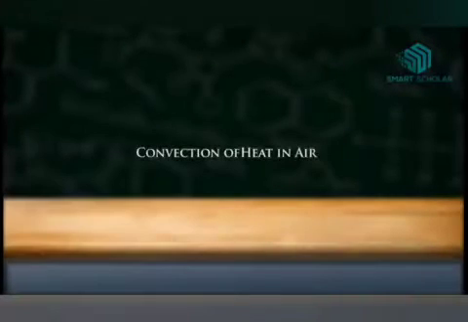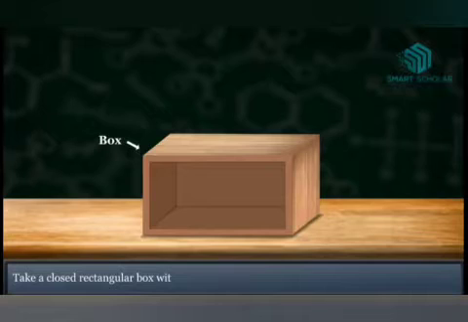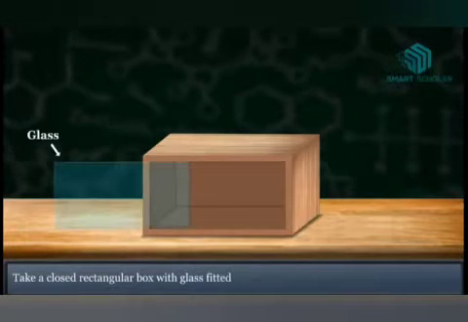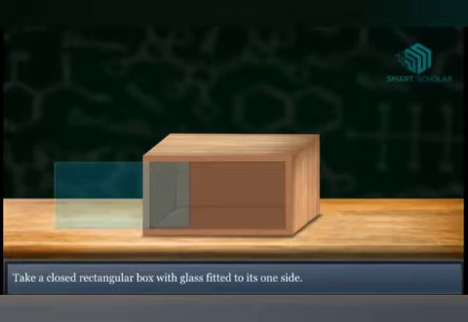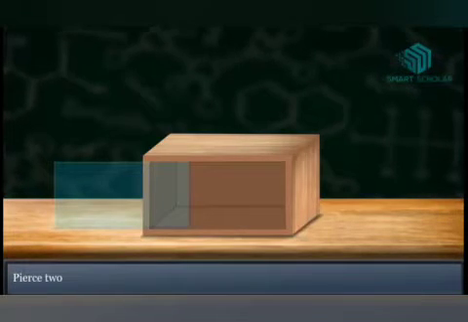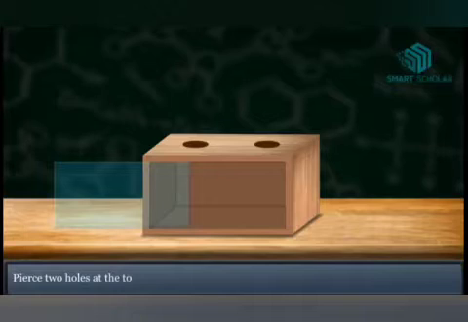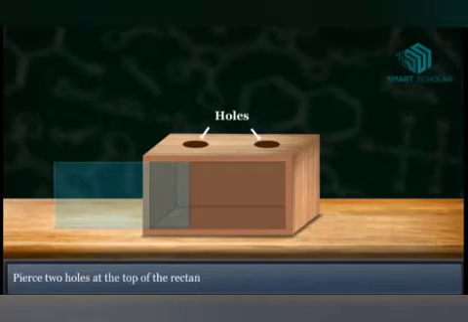Now let's get to know about convection of heat in air. Take a closed rectangular box with glass fitted to one side. Pierce 2 holes at the top of the rectangular box.